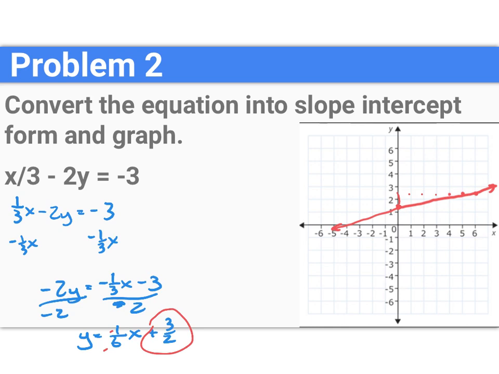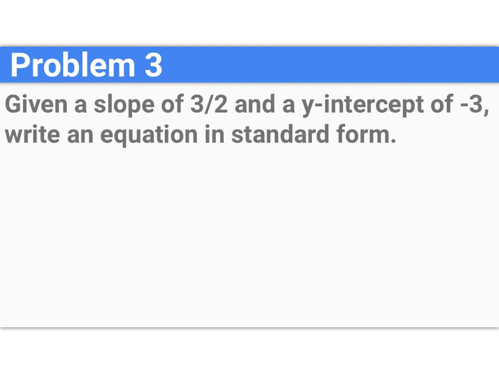Okay, so next one. Given slope of 3/2, so m equals 3/2, and a y-intercept of -3, the b equals -3, y equals mx plus b, y equals 3/2 x minus 3.